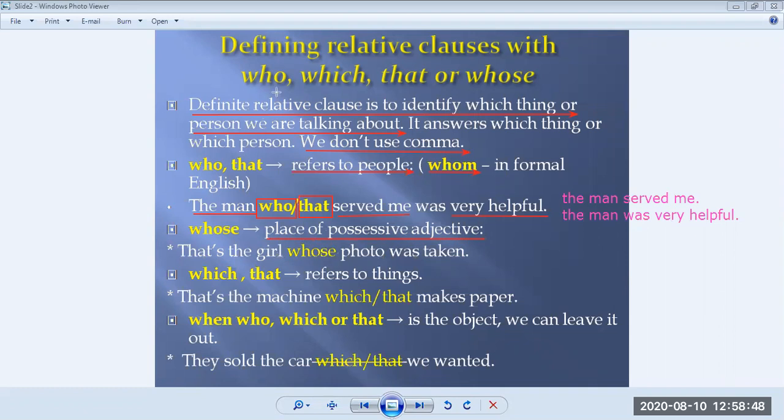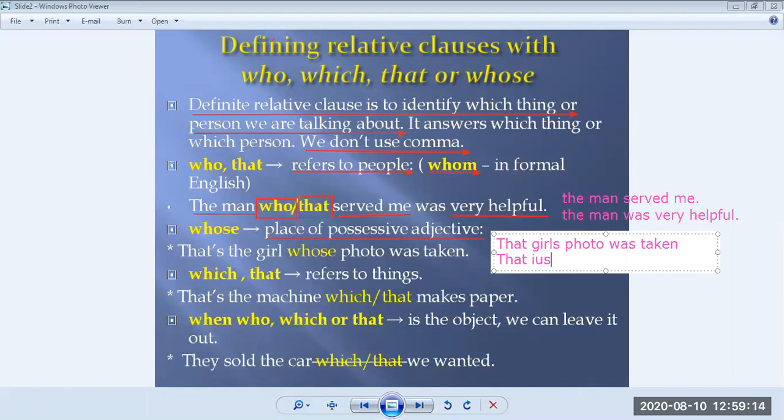The idea of this sentence is: that is the girl, the girl's photo was taken.